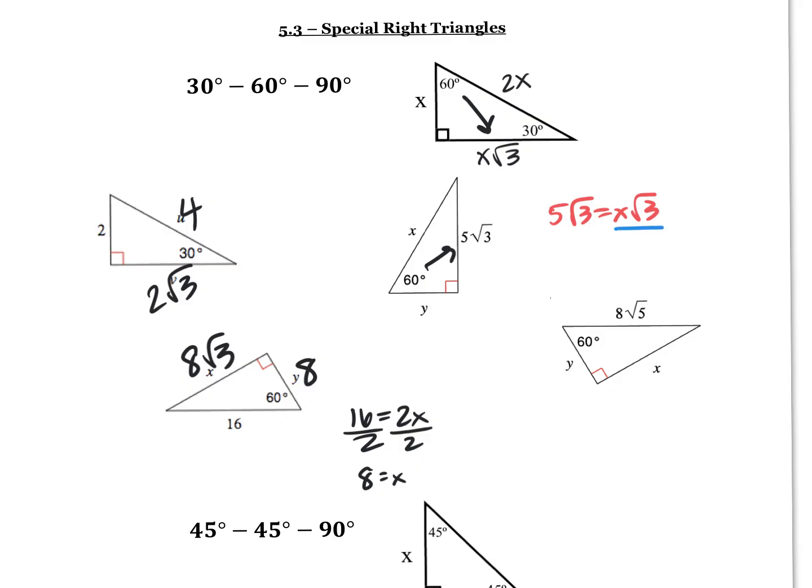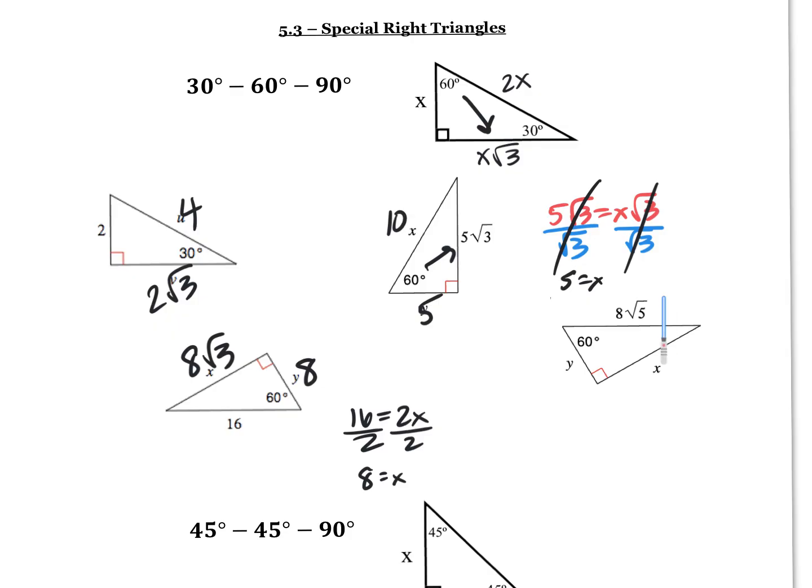Divide by root 3. My x is going to be 5. When I say my x, I'm just saying the thing across from the 30 is going to be 5. The thing across from the 30 is here, so in this case, my y would be 5. Whatever's across from the 30, we double it to get my hypotenuse. What's double that 5? Done.